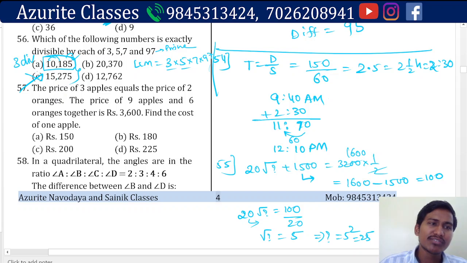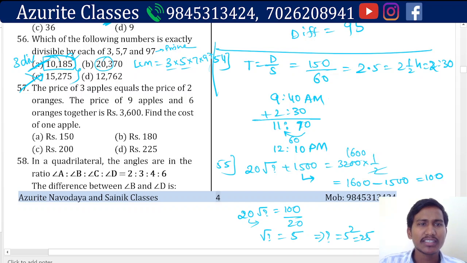So C will not be divisible by 3. So A is the answer. You can check that 6 is divisible, 9 is divisible, 5 is not divisible. That is why C is not divisible, only A is the answer. Okay, got it? Or you can also check the B option and D option. So it is 2 plus 3, that is 5, 5 plus 7, 12 will come.